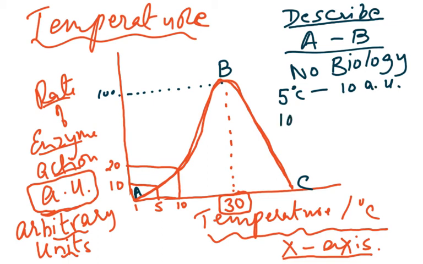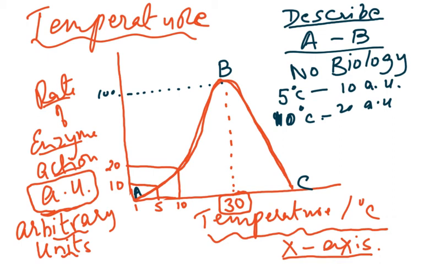At 10 degrees Celsius it is 20 arbitrary units. So you're just going to read off the graph and give me figures.